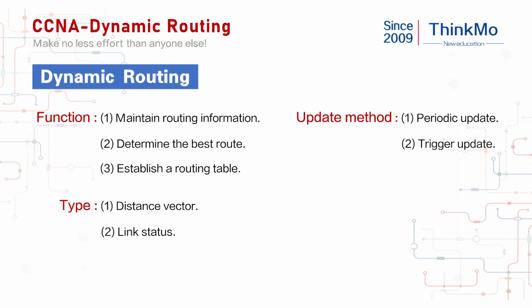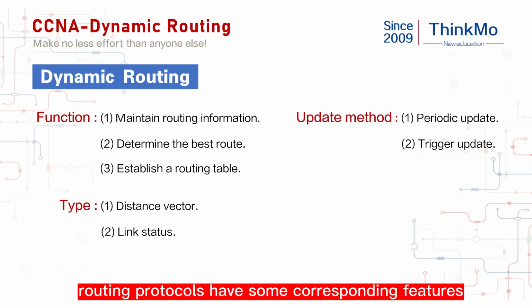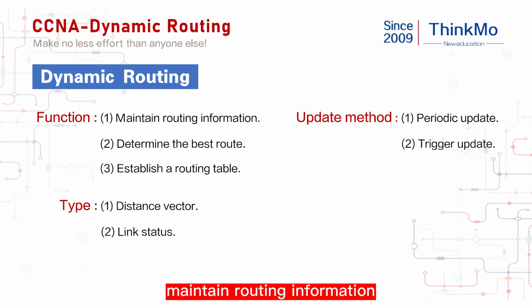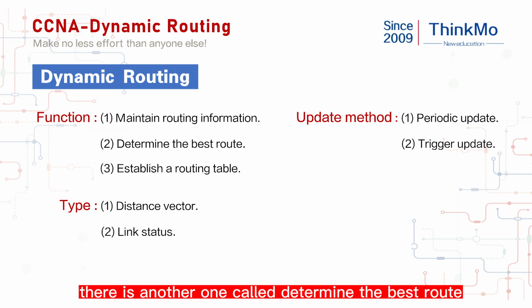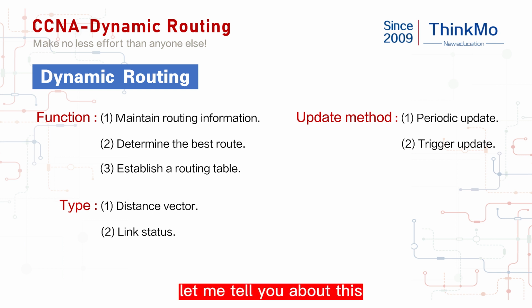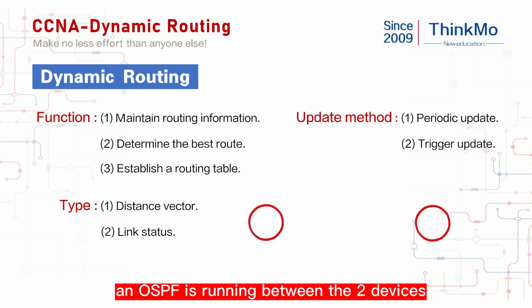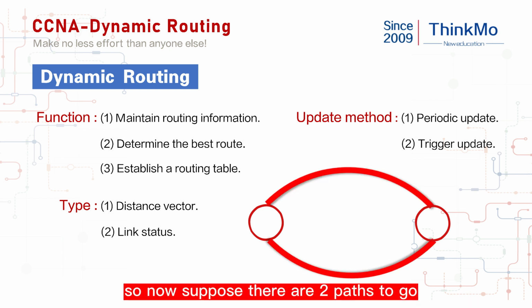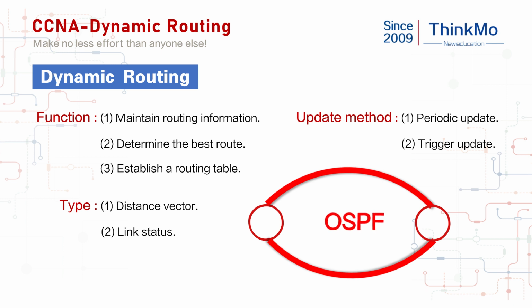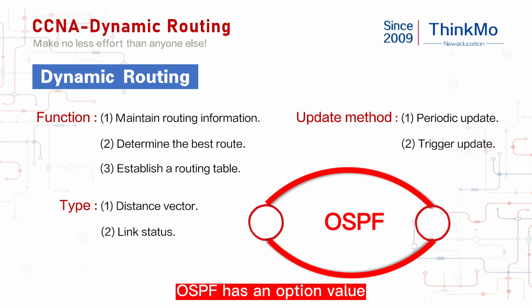Let's go on. Routing protocols have some corresponding features. Maintain routing information, which is just some updates and maintenance in the later period. There is another one called determine the best route. Let me tell you about this. There are now two devices with an OSPF running between them. Suppose there are two paths to go. What exactly is the best route?